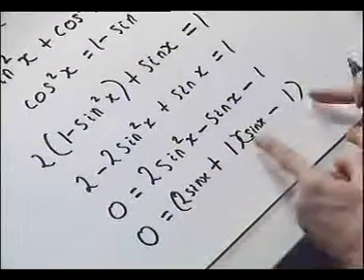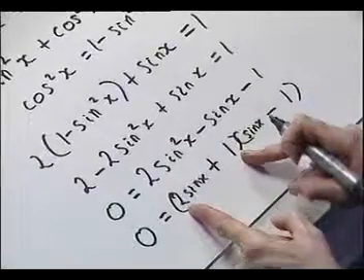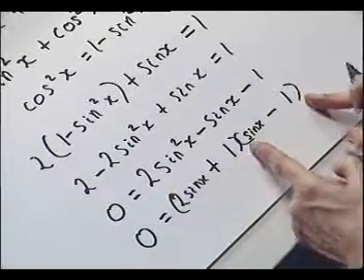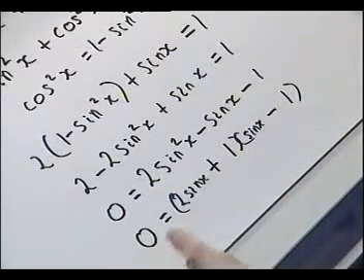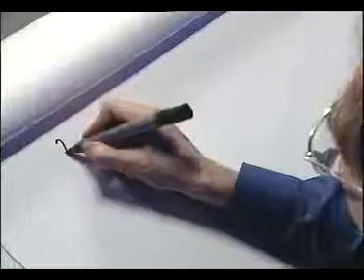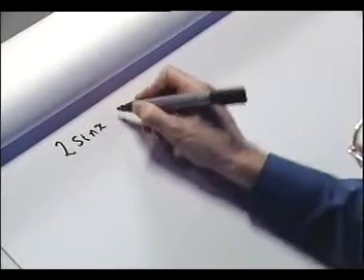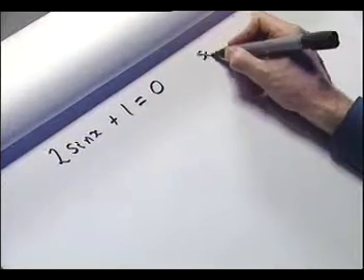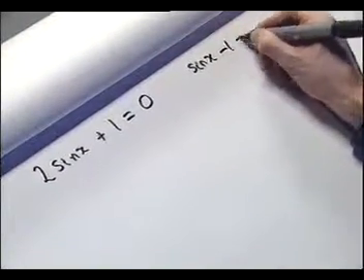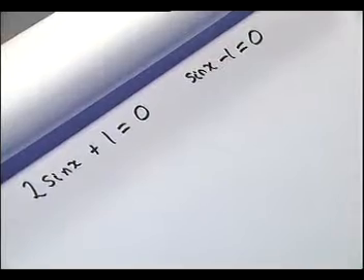I have 2 numbers multiplied together. This number, 2 sine x plus 1, and this number, sine x minus 1. They multiply together to give me 0. So one or both of them must be 0. So let's write that down. 2 sine x plus 1 is equal to 0, and sine x minus 1 is equal to 0.